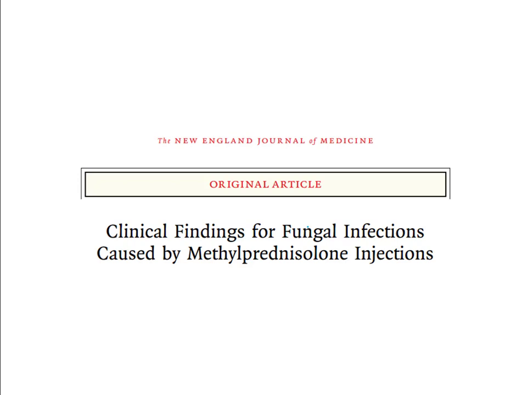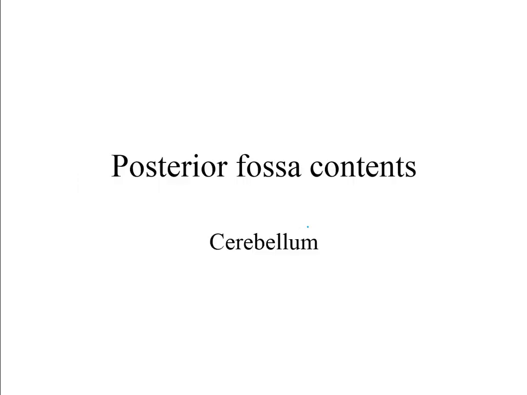So a large number of people who had this fungal contaminated preparation injected into the epidural space ended up with cord infarcts because they ended up with fungal infection of the epidural venous plexus, which both gave rise to venous infarctions as well as mass effect and cord compromise. Okay? It was in the New England Journal at some point. I don't have the citation there.